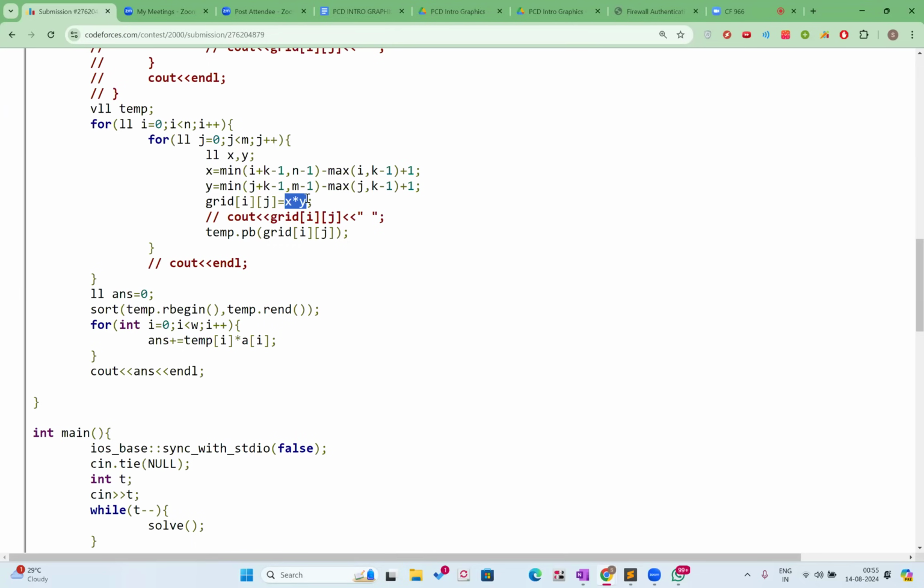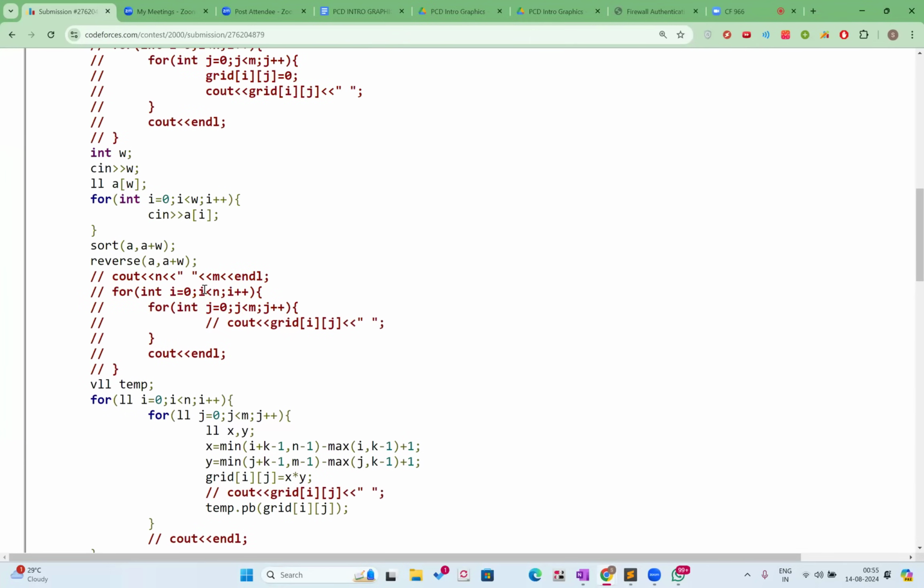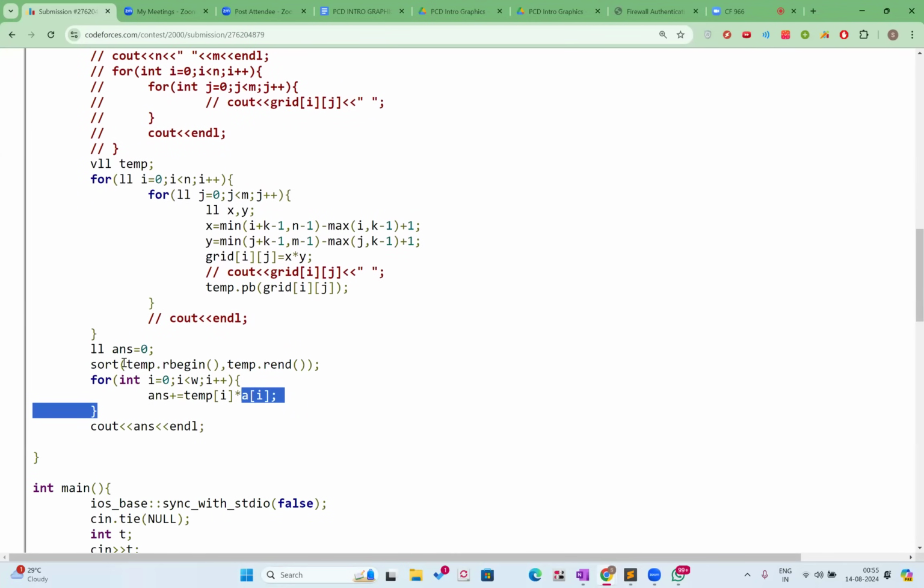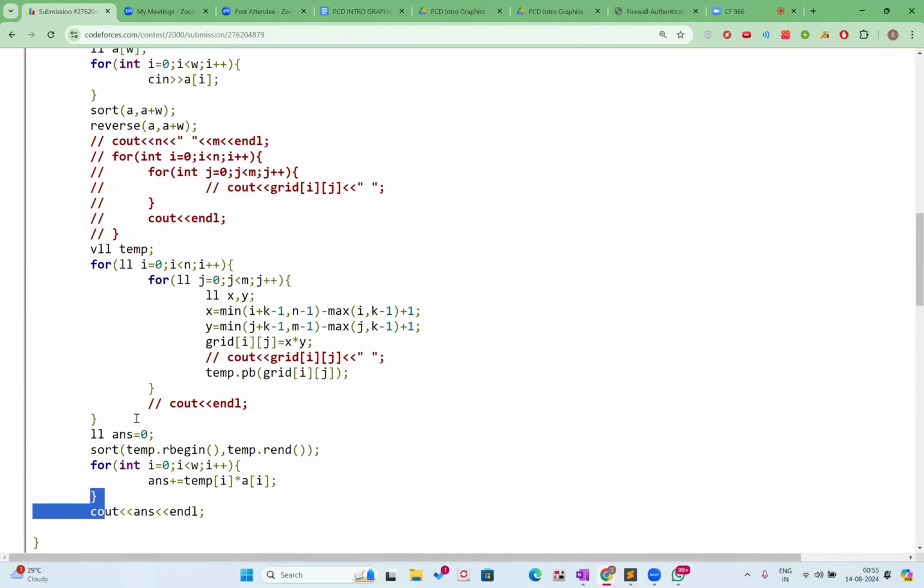Then I just stored these values in a vector, and I have reverse sorted this vector, and for each gorilla I have multiplied this contribution by the gorilla height. Already I had sorted the gorillas in reverse order, and I have also sorted these contribution values in reverse order. So this would be my maximum answer.